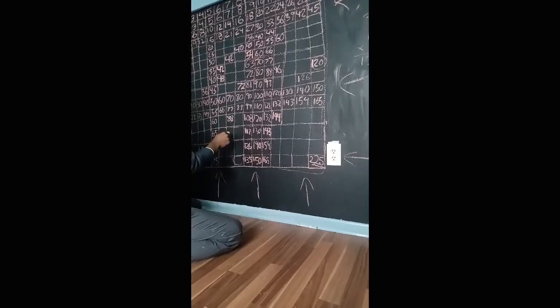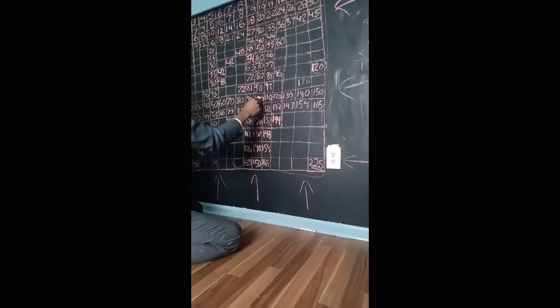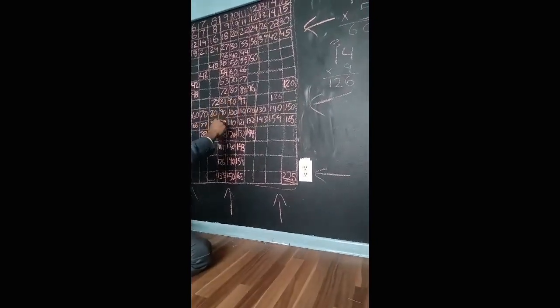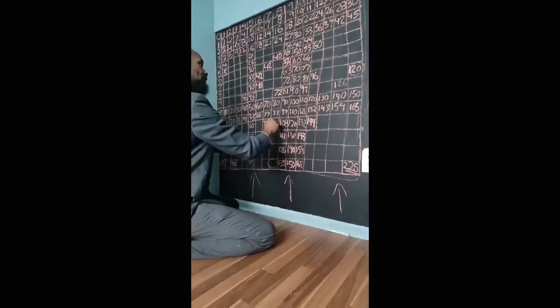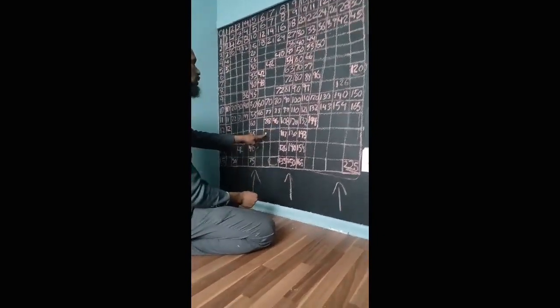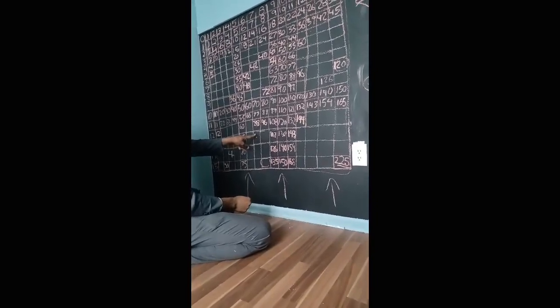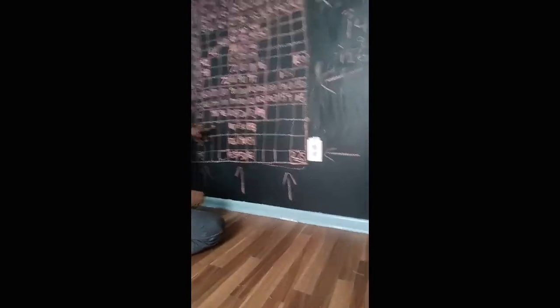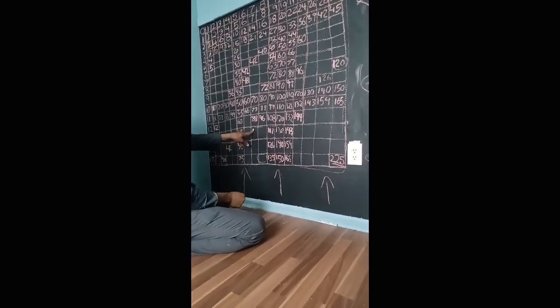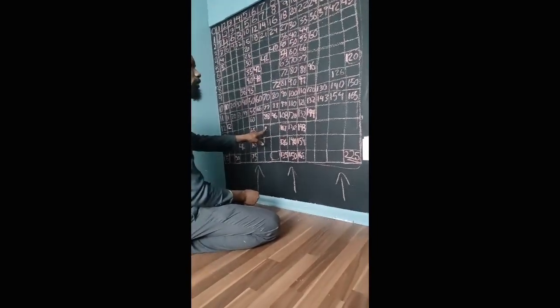Let's see. 100. 99, 99 on the other side of 100. 96. 99. This should be 95? No, 93 maybe. One moment. Let's see. 7 times 13. 91.